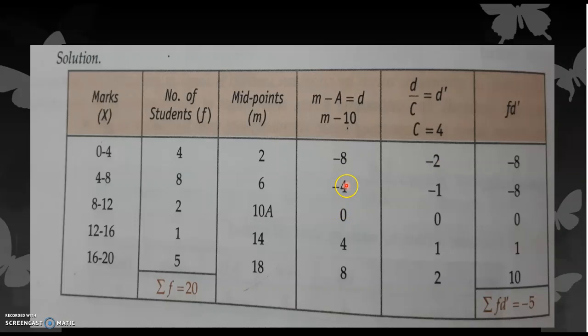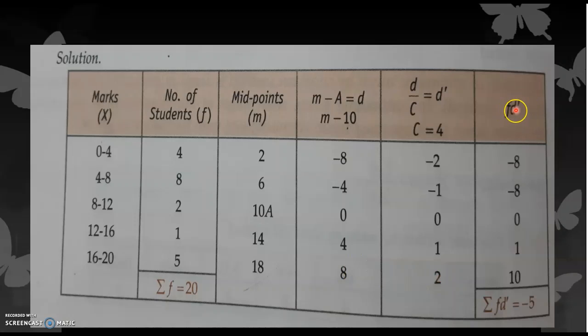Then minus 4 divided by 4, we get minus 1. Then 0 by 4 is 0. 4 by 4 is 1. 8 by 4 is 2.